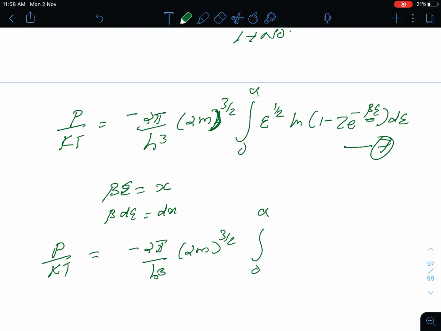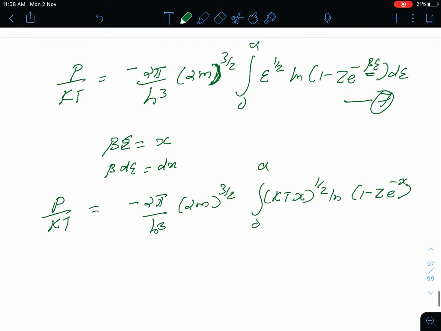I mean the range becomes normal. So e is x by beta, or kt x, all raised to half, ln 1 minus z e raised to minus x, e raised to minus x, de is kt dx.